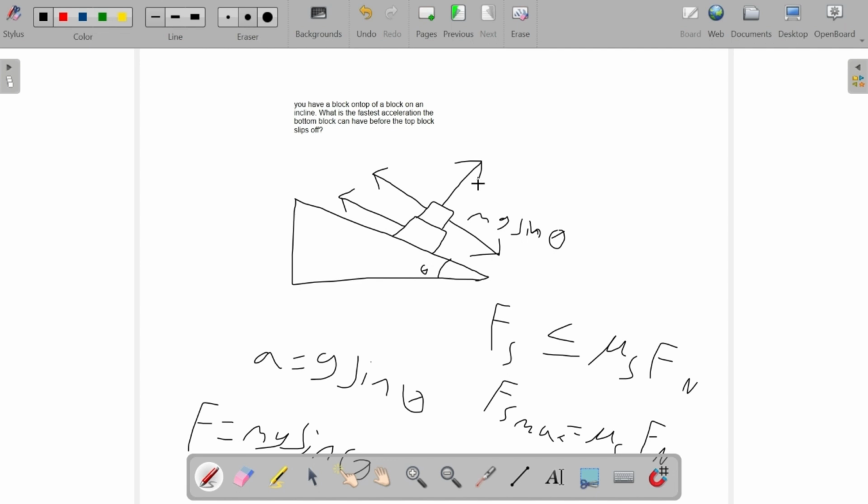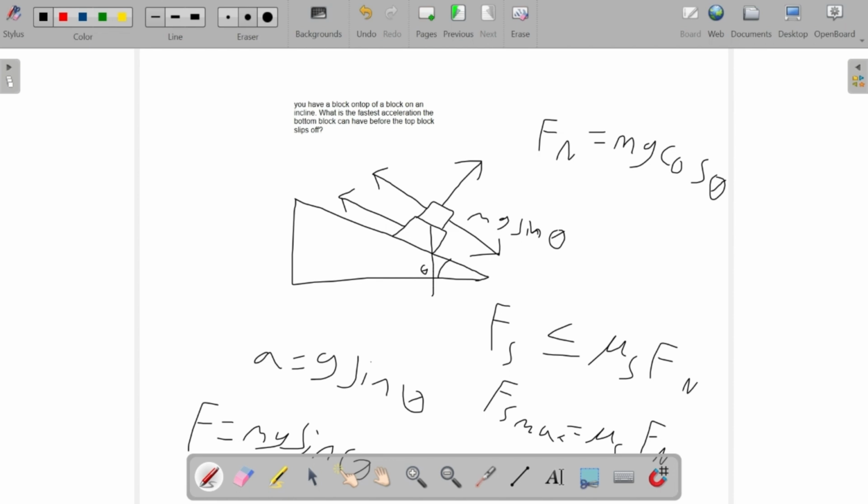This one is one you should remember. Fn, in this case, is equal to mg cosine theta. This is one that you should simply remember. If you don't understand it though, it uses almost the exact same explanation you used to find this mg sine theta value.